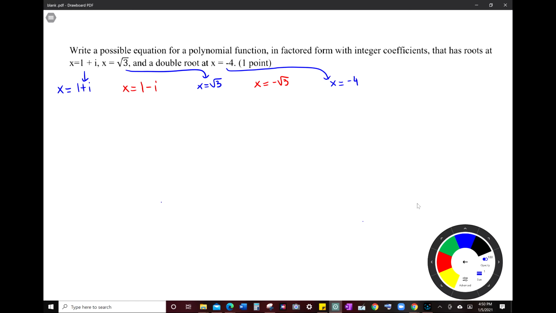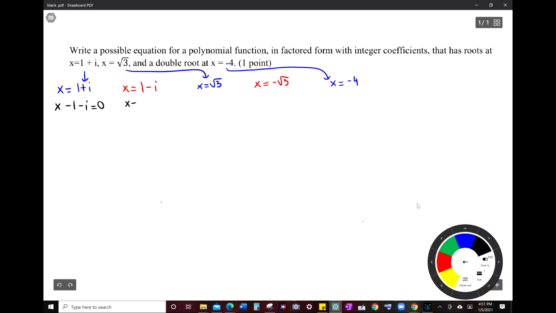So now that I have listed all the possible roots of this polynomial function, what I do is work backward on each of them, so that I can bring everything to one side and the other side just equals 0. So now I have x minus 1 minus i equals 0.